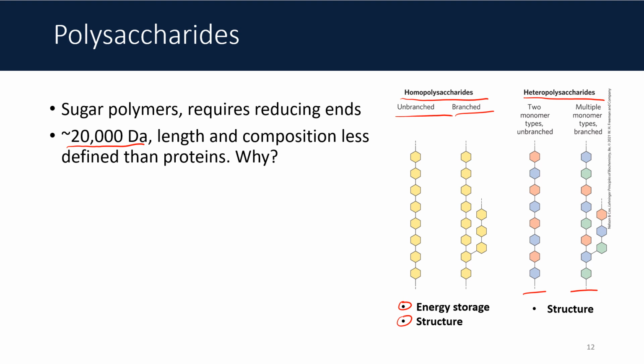And heteropolysaccharides can be relatively simple, where it's just single chains of alternating sugars, like the one shown over there on the left, or like the one on the right, we can have more complicated patterns that may or may not repeat.